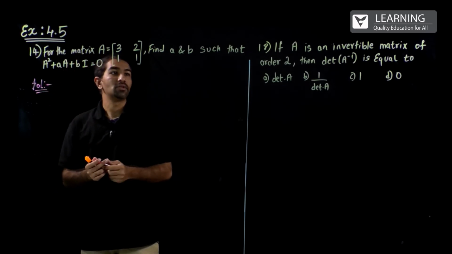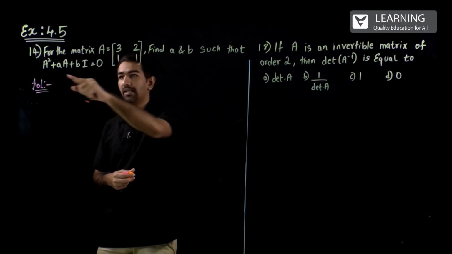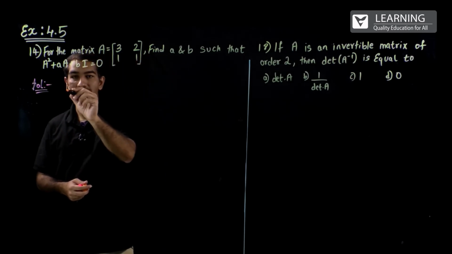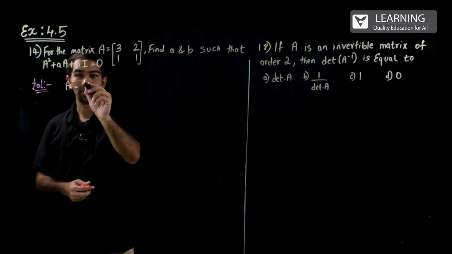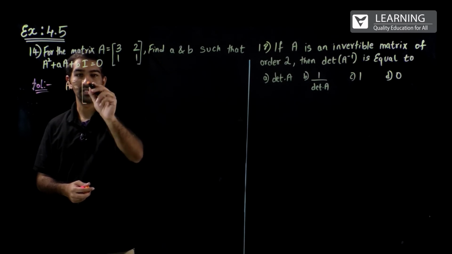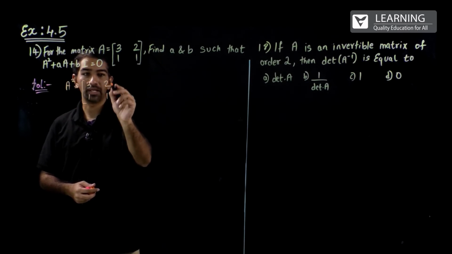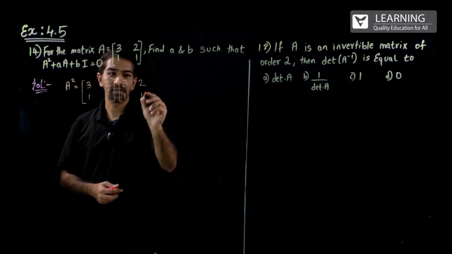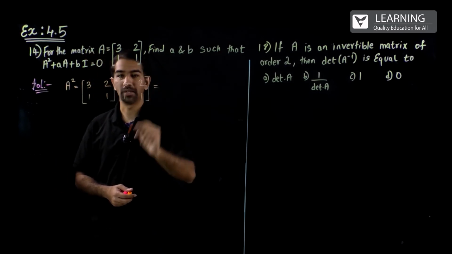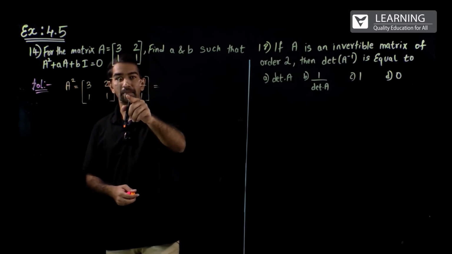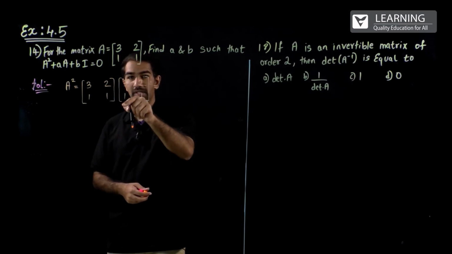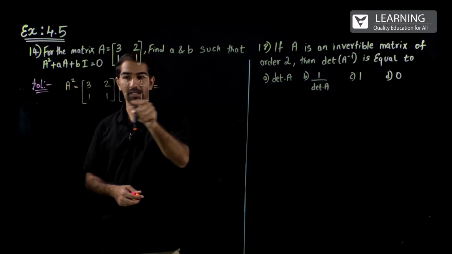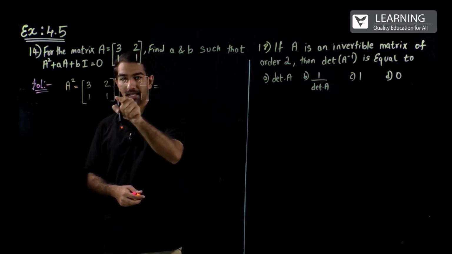Let us first find A square. A square is nothing but A into A, that is 3, 2, 1, 1 into 3, 2, 1, 1. Matrix multiplication is first row into first column, first row into second column, second row into first column, second row into second column.